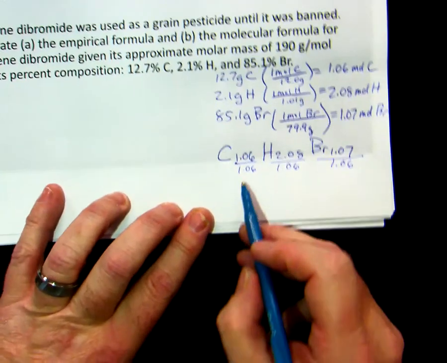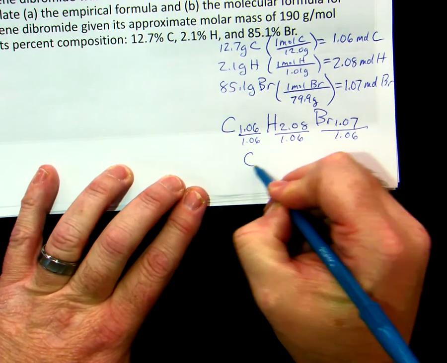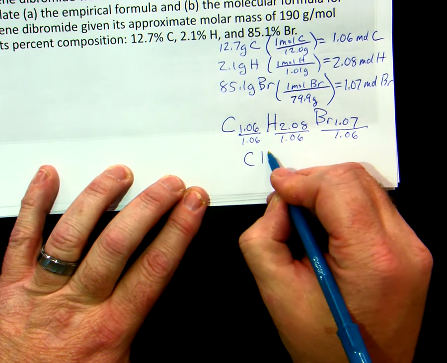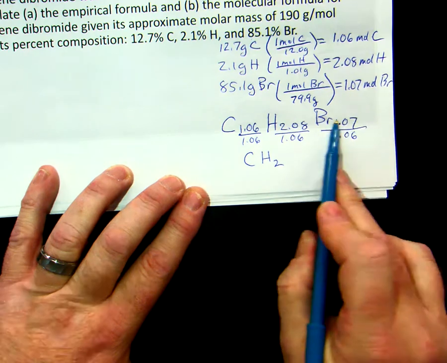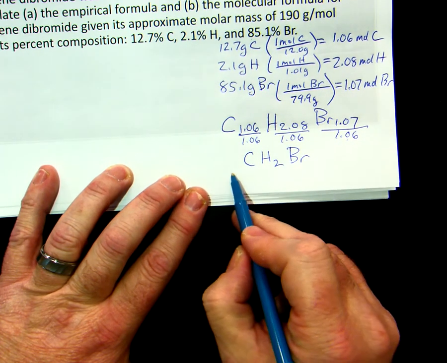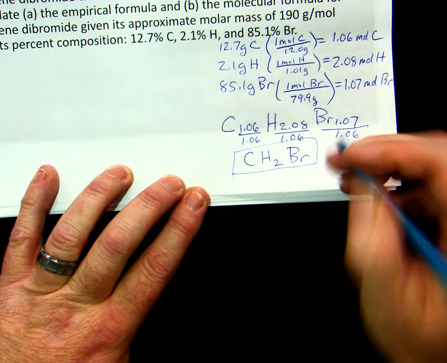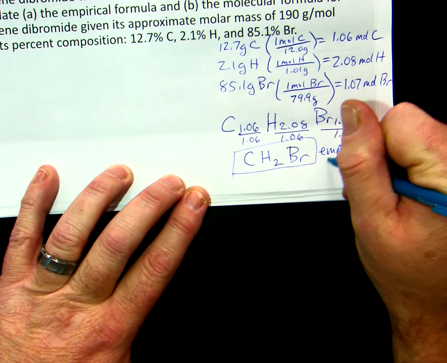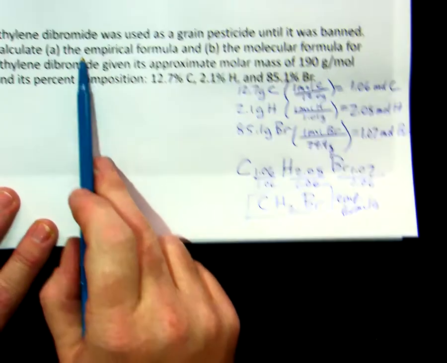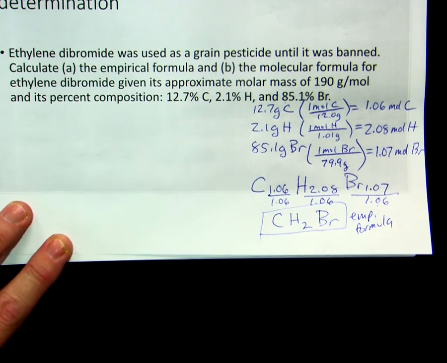And this will simplify to carbon 1, hydrogen 2 divided by 1. Hopefully you can see that that's going to be a 2. And then basically the same number divided by itself will be 1. So this is our empirical formula. And that's part of what it asked us to solve for, the empirical formula.